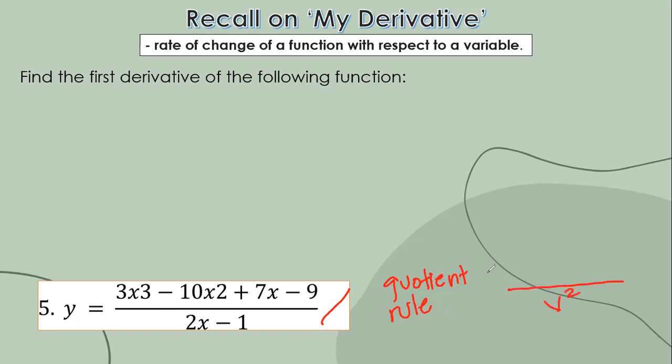Okay, v squared sa baba, tapos copy v du minus u dv. Okay. So that is just a recall on our finding the derivatives of some functions.